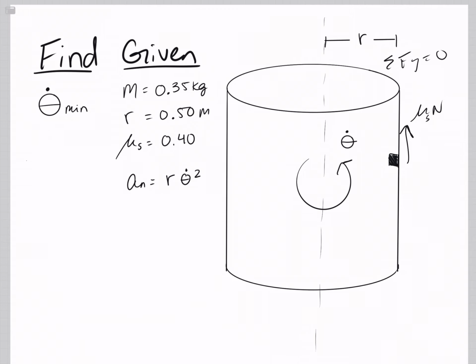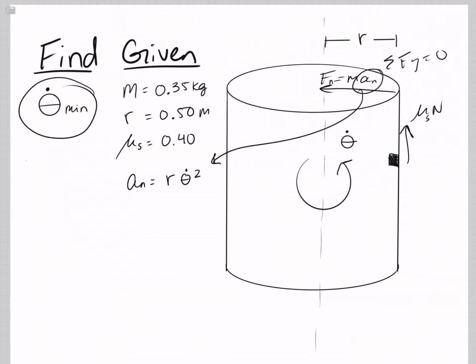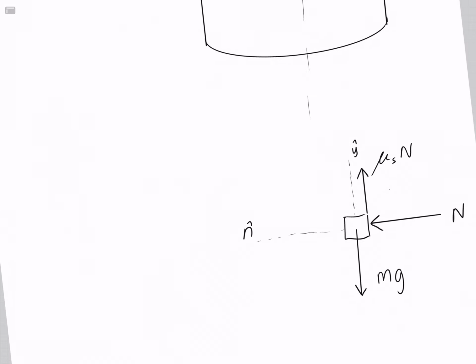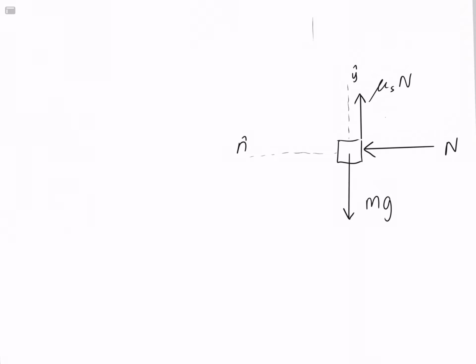And for that reason, f of y is going to be static, and f of normal will be dynamic. And this I've written here where we have our a normal in terms of r and theta dot. We are to find the minimum rotation of the cylinder where this particle will still stay on the wall. So let's solve for that.